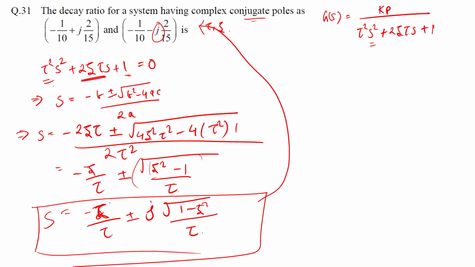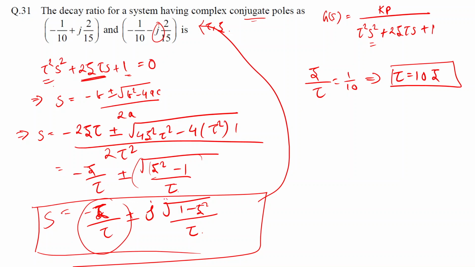So if we compare the first term over here, we have been given minus zeta upon tau as minus 1 by 10. That is, we can write it as zeta upon tau is equal to 1 by 10. That can also be written as tau is 10 times zeta.